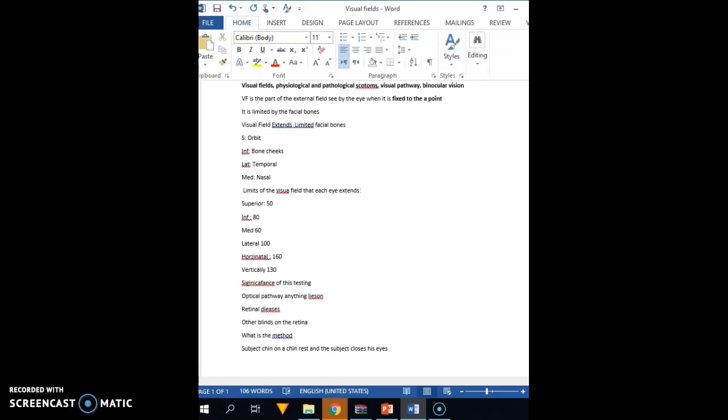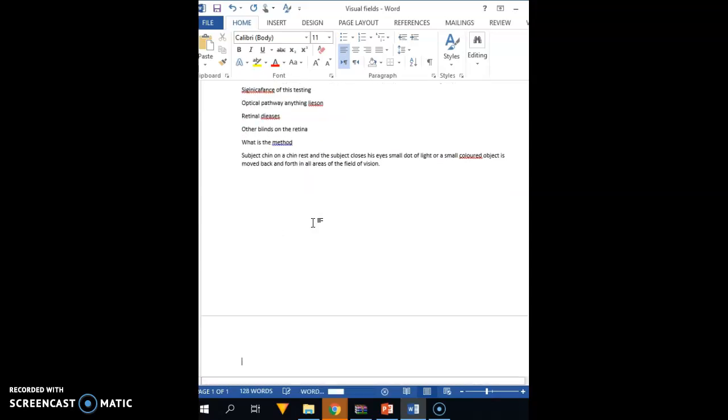You move a small dot of light, or a small colored object, back and forth in all areas of the field of vision, and he will tell you the extent of the field of vision.